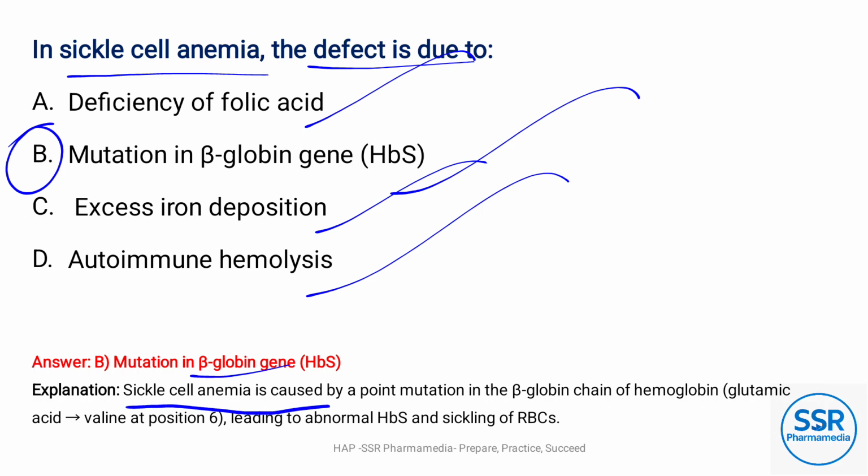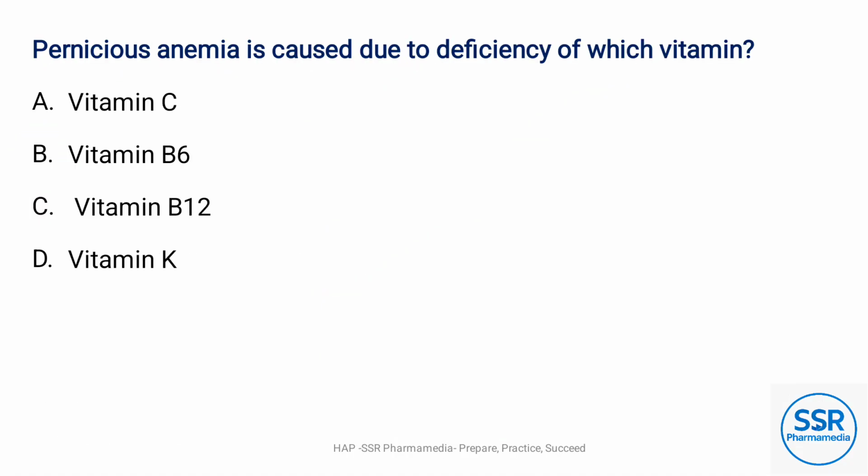Sickle cell anemia is caused by a point mutation in the beta globin chain of hemoglobin, where glutamic acid is replaced by valine at position 6. This leads to abnormal HbS and sickling of RBCs.